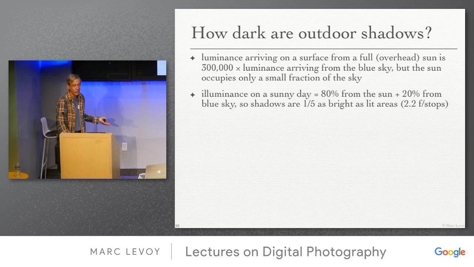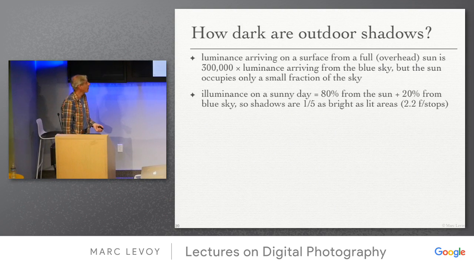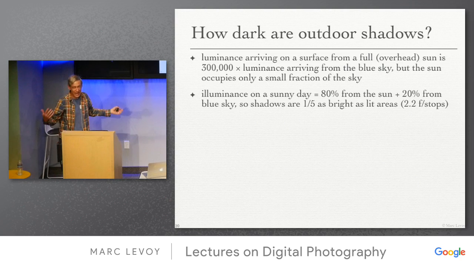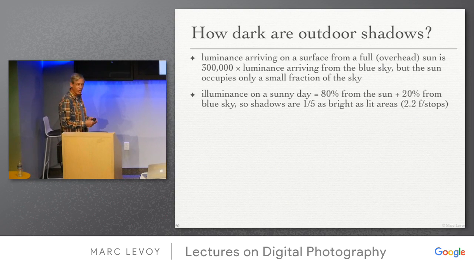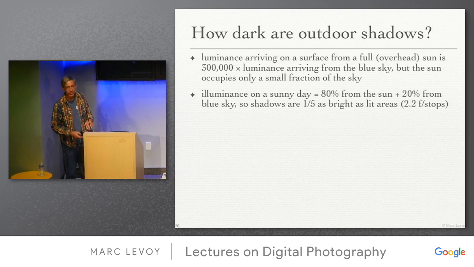That's what we call shadows outdoors. So that says that a shadow outdoors is about 1/5 as bright as the lit area outdoors, which means that shadows outdoors are about 2.2 f-stops. So that seems fairly useful. You would think it'd be more, wouldn't you? And shadows seem dark, but it's really only about a little bit more than 2 f-stops of difference.